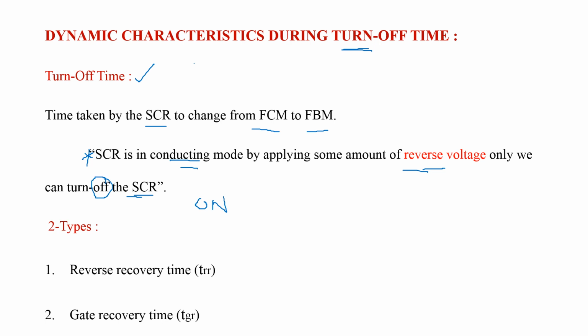Now the dynamic characteristics during turn off period can be classified into two types: the first one is the reverse recovery time, the second one is the gate recovery time. Now we are going to discuss reverse recovery and gate recovery times.